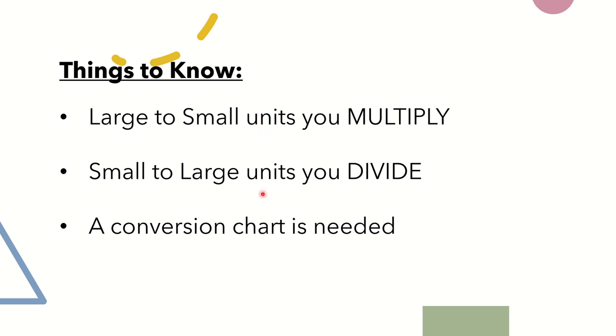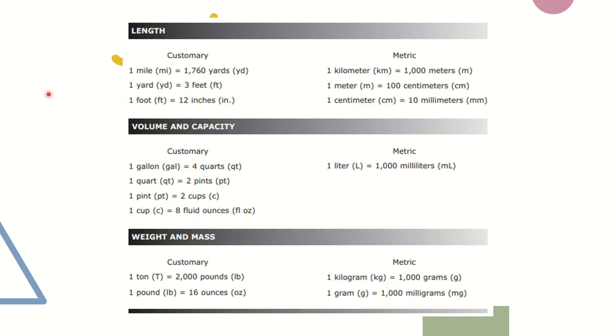A few things to know. When you're going from a larger unit to a smaller unit, you multiply. Small to large, you divide, and a conversion chart will be nicely appreciated. One of the first things you can do on your conversion chart is mark it up. And what I mean is what I just stated earlier.